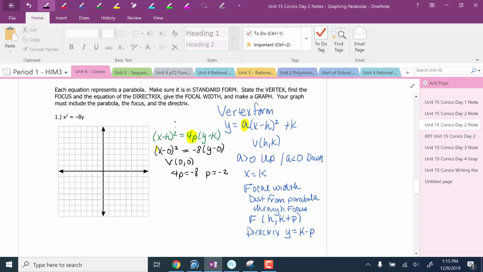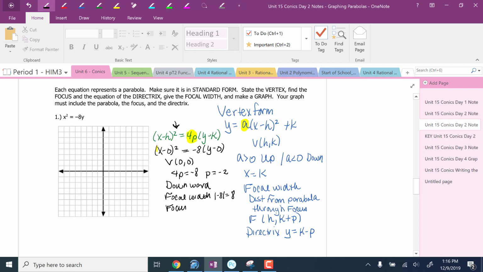I know because the x is squared, this is an up or down opening parabola. This one is going to be opening downward because it's negative. My focal width, since it's a distance, is the absolute value of 4p, so it's the absolute value of negative 8, or 8.